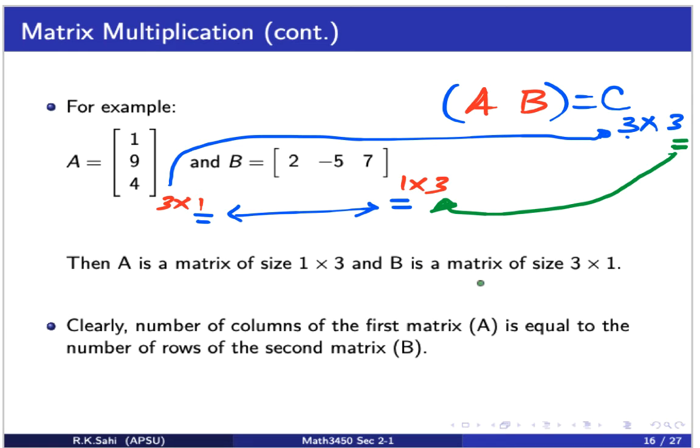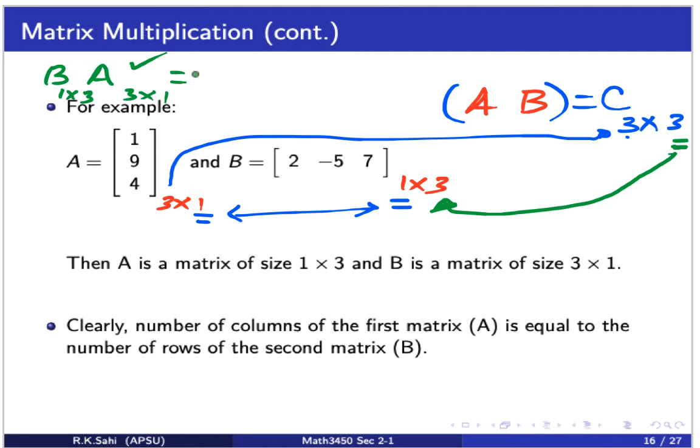Okay, let's see if B times A is also possible. We said A times B. Let's look at BA. Now, B is 1 by 3, and A is 3 by 1. Great. Here B is the first matrix. The number of columns of B is the same as the number of rows of A. Yes, this matrix multiplication is also possible.